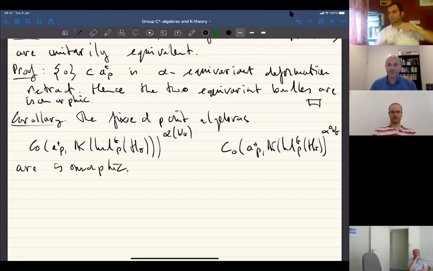That just follows directly from this unitary equivalence. If an element is invariant for the one group action, it is invariant for the other.